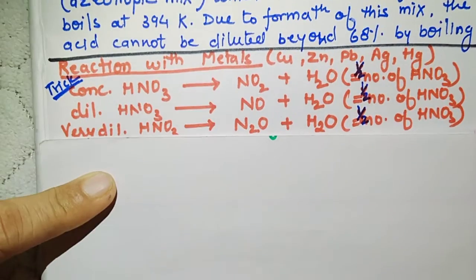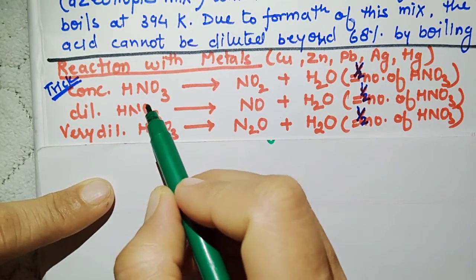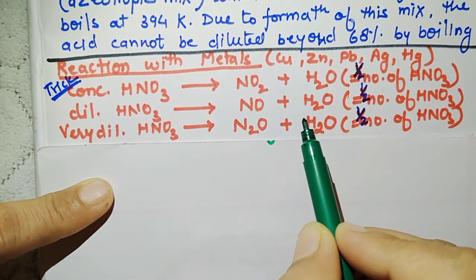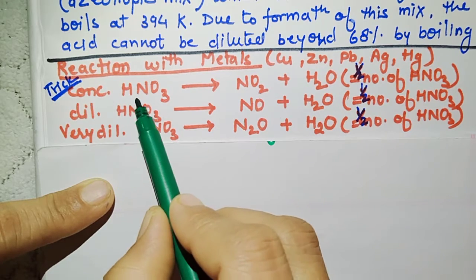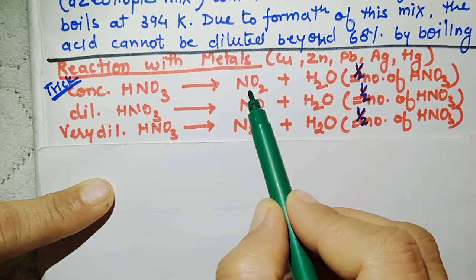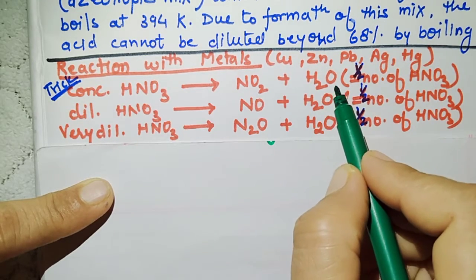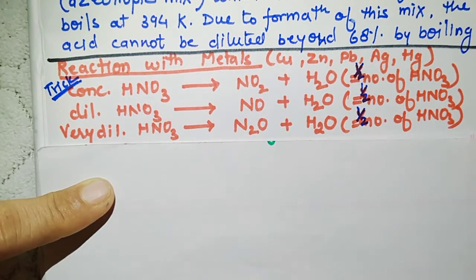See here, concentration of HNO3 gives different products with the same metal. Now how to remember? When concentrated HNO3 is reacted with metal, it gives you NO2 plus water molecule. This water molecule will be equal to half the number of HNO3 molecules.